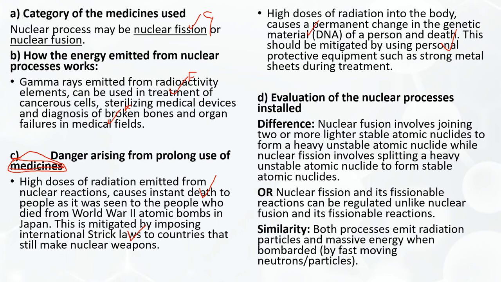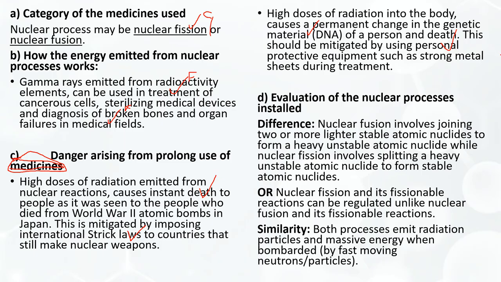Then evaluation of the nuclear processes installed. Now the nuclear processes, we say that it can either be fission or fusion. So we first talk about the difference, and then we can talk about the similarity, and we can use only one point.